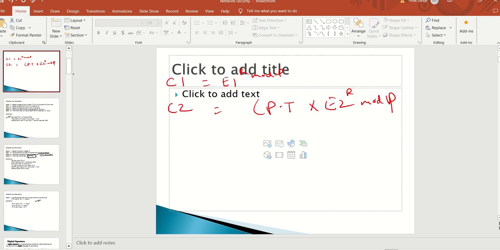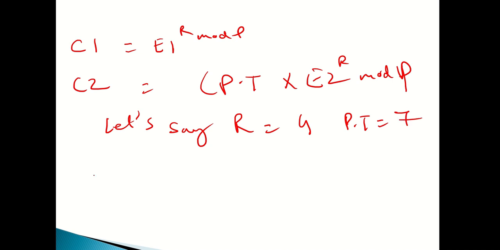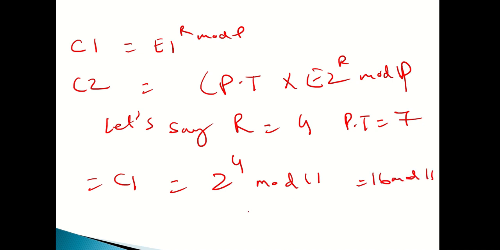Let's go back to the slide again. We need to calculate the whole thing. Ciphertext 1 is equal to E1 to the power R mod P. For our example, let's say R is equal to 4 and the plain text is equal to 7. By the formula, C1 is 2 to the power 4 mod 11, which is 16 mod 11, which is 5.